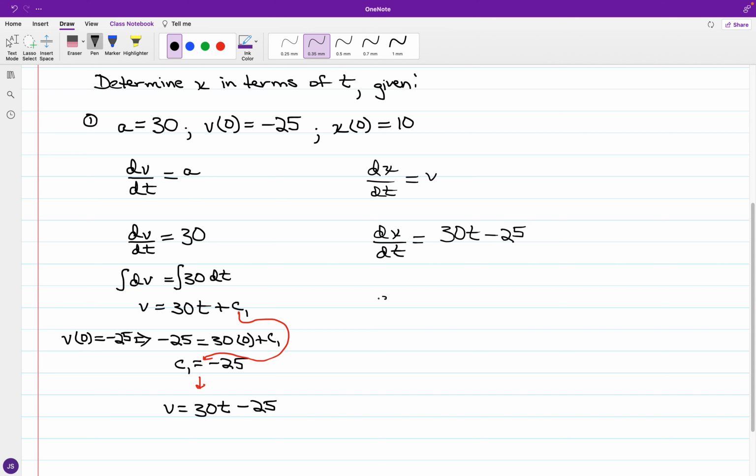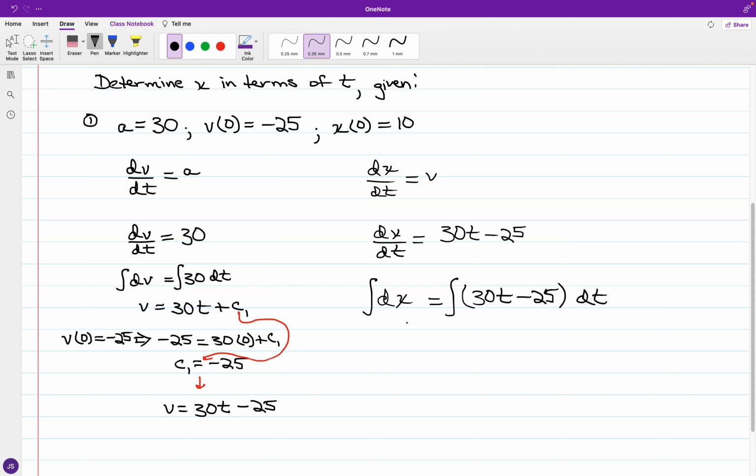Separating the differentials, I have dx is equal to the quantity 30t minus 25, dt.